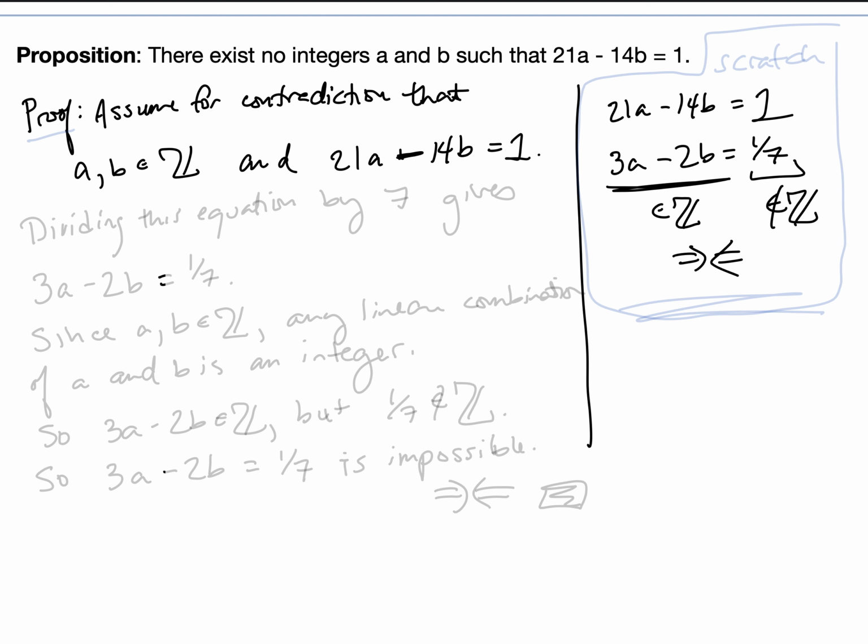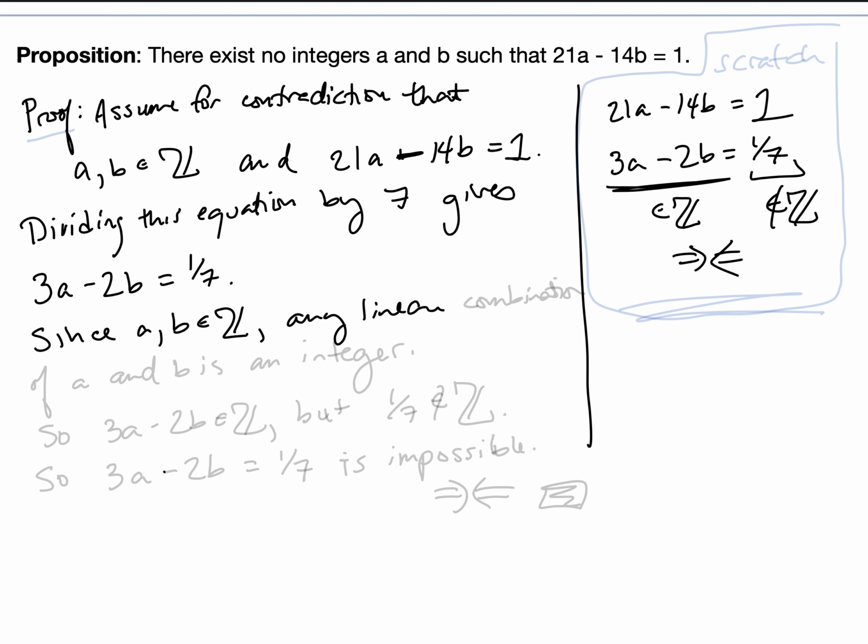Okay, so let's try to write that out in our proof. Dividing this equation by 7 gives 3a minus 2b is equal to 1/7. Since a and b are in the integers, any linear combination of a and b is also an integer.